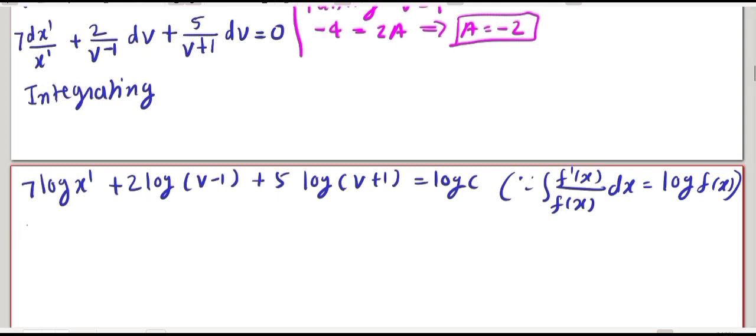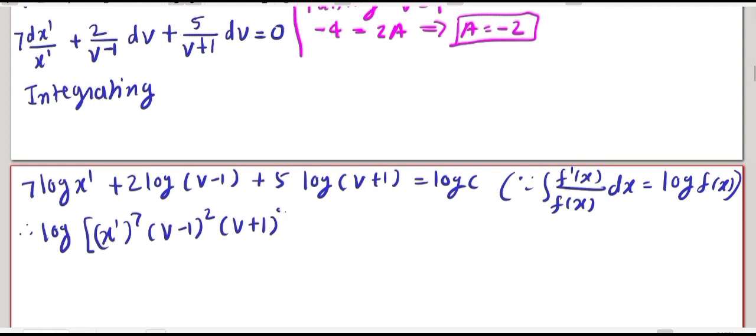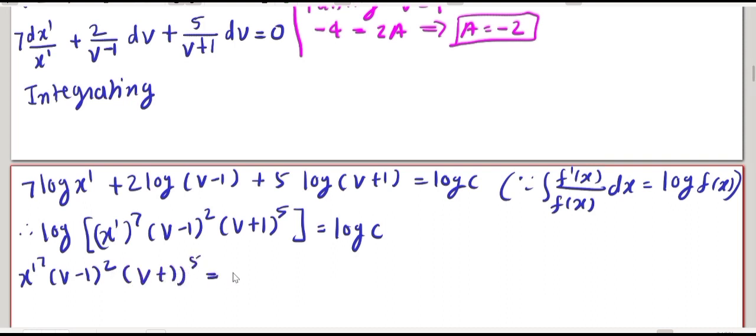Again using the rules of logarithm, we get log of x' raised to 7 into (v - 1) square into (v + 1) raised to 5 is equal to log c. Taking antilog of both sides, we get x' raised to 7 into (v - 1) square into (v + 1) raised to 5 is equal to c.